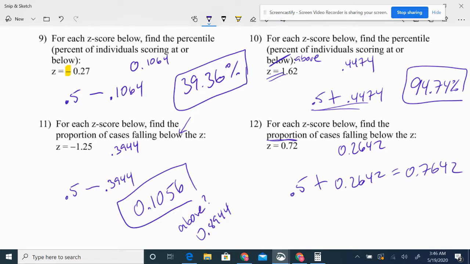Because I'm asking how much is below, just leave it at that. If I ask how much is above the C, then you have to go 1 minus 0.7642, and that will give you your result. You still have to go 1 minus the decimal part, but because I'm asking how much is below, just leave it at that.